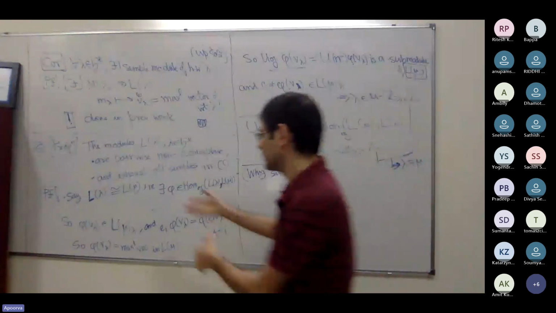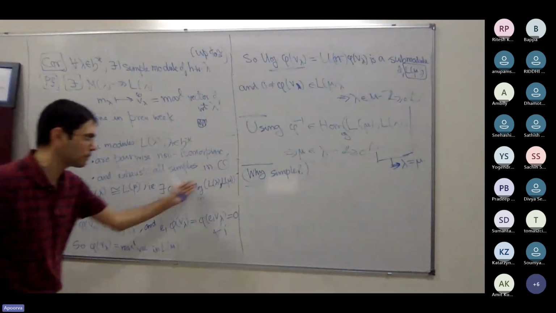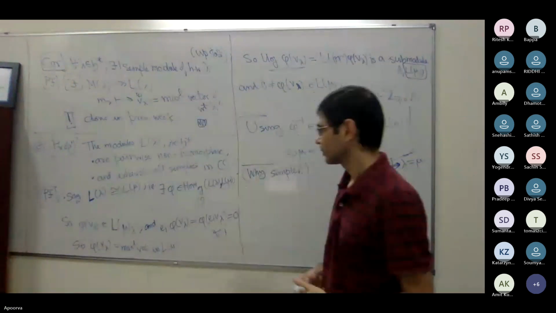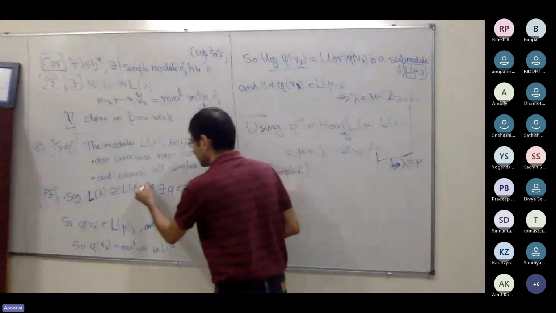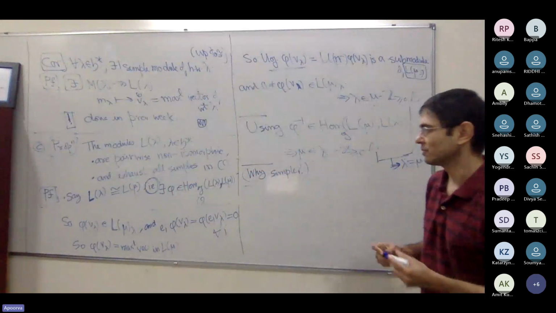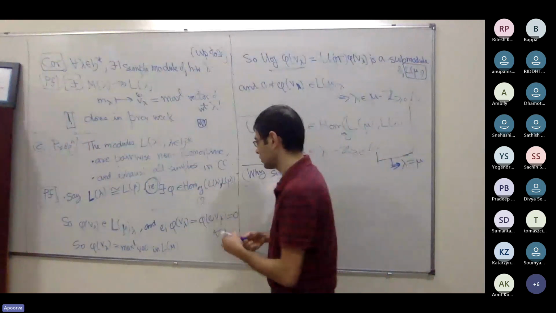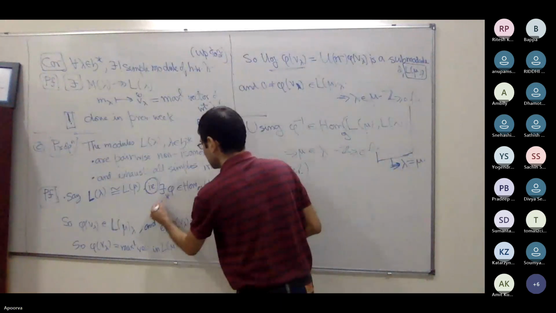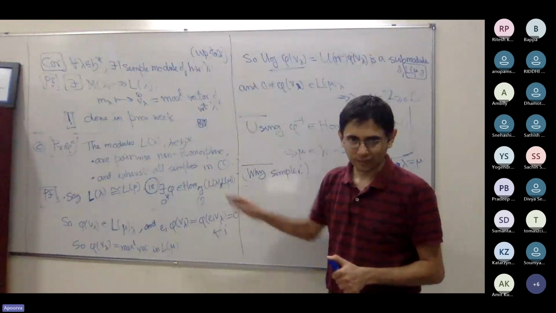So let me just take you through the proof again, and then you can think. Let's suppose these are isomorphic. So suppose there is a map going from them. And actually, sorry, this is probably where you use the fact that they are simple. The fact that there exists a non-zero map is the same as the fact that the modules are isomorphic. That uses that something has to be simple.